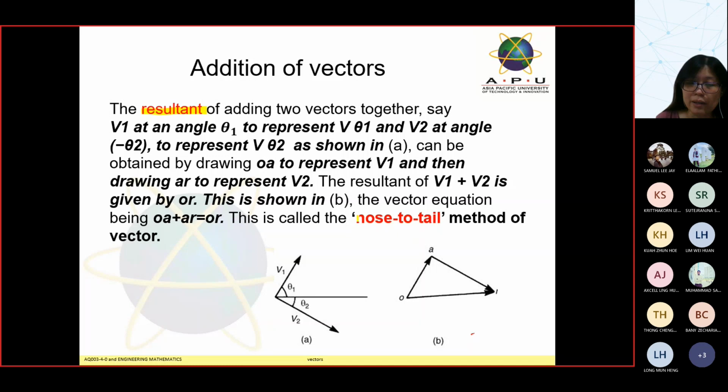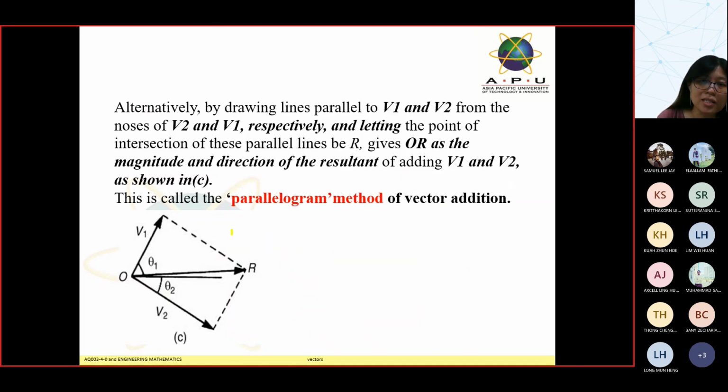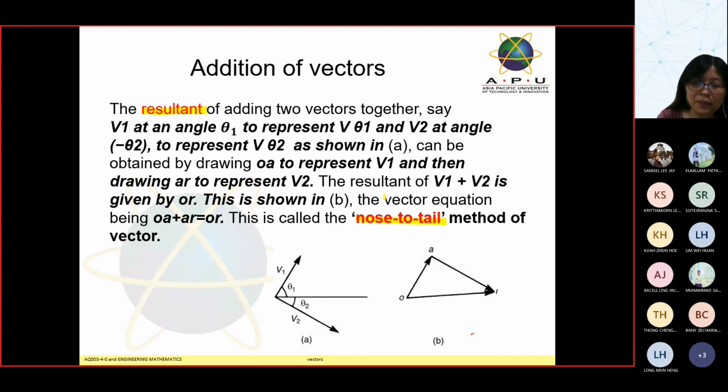There are two methods here. One is the nose to tail method, and the other one is the parallelogram method. If you have learned vectors before, I believe you have learned about this as well. So what is meant by the nose to tail method? For example, you are given two vectors here.